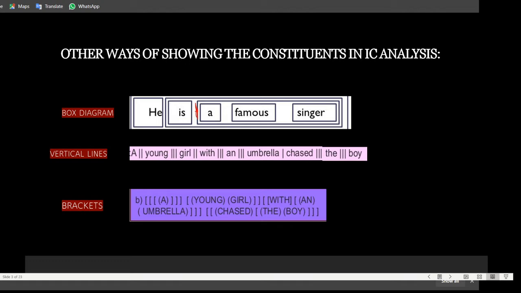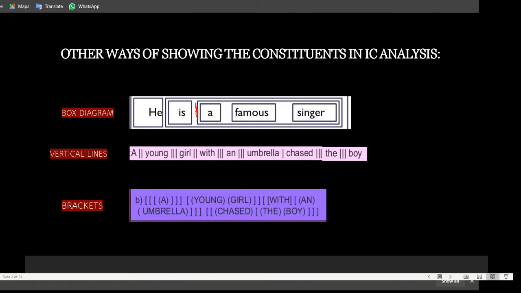IC analysis is this binary division of a construction, and the division goes on until we reach a point where a constituent is not further divisible, when each constituent consists of a word or a meaningful part of a word.